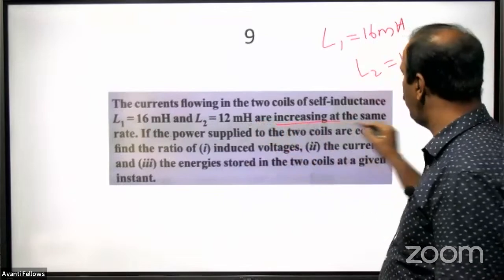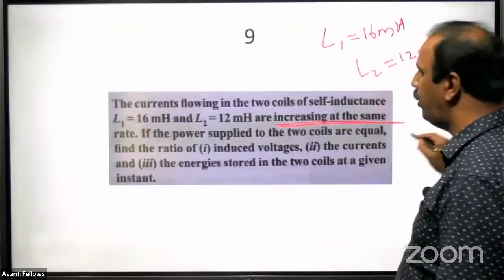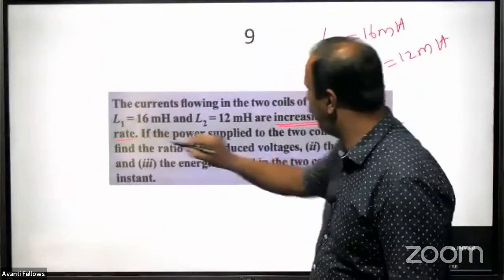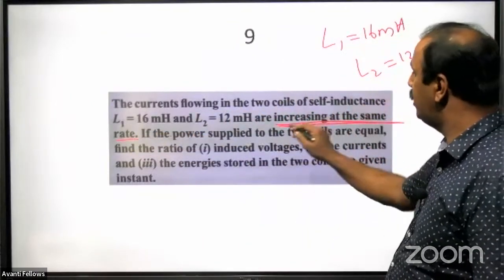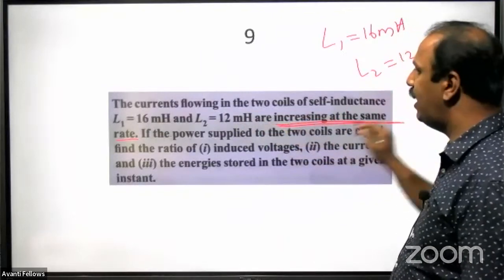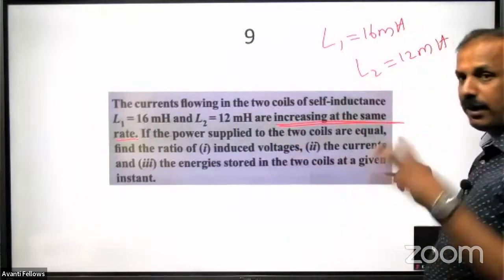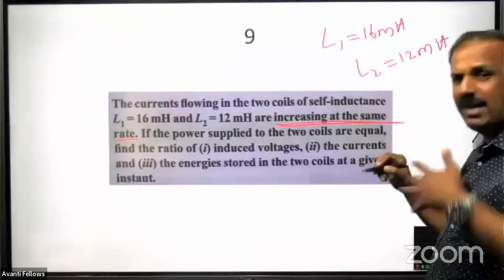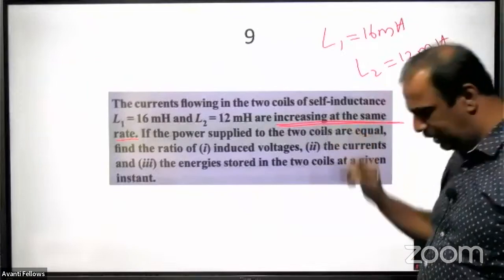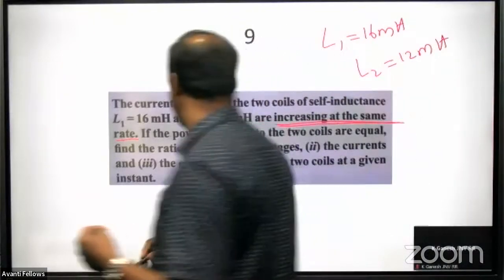This is not telling about the current being the same. It is telling us the current flowing in the two coils is increasing at the same rate. The rate of change is the same, not the current.